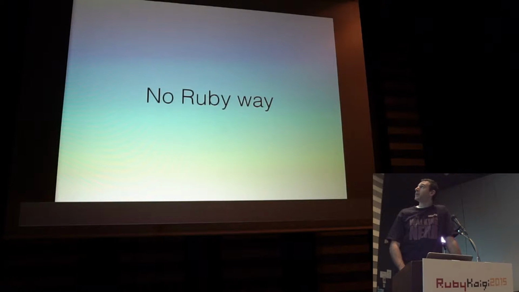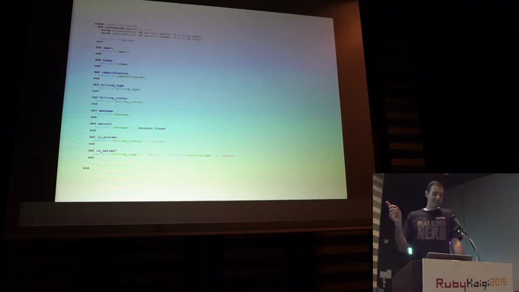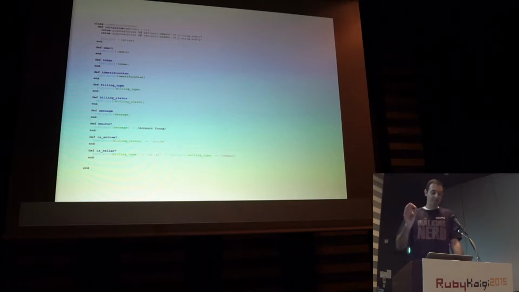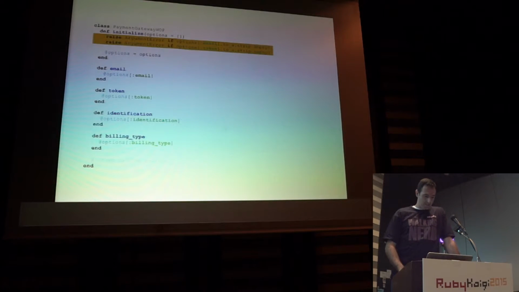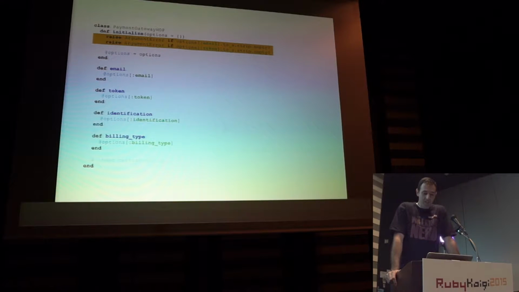Next, no Ruby way. I think you can't see this code very well, so I will show you this class in pieces. First, we have a constructor receiving a hash parameter where email and token keys are required.